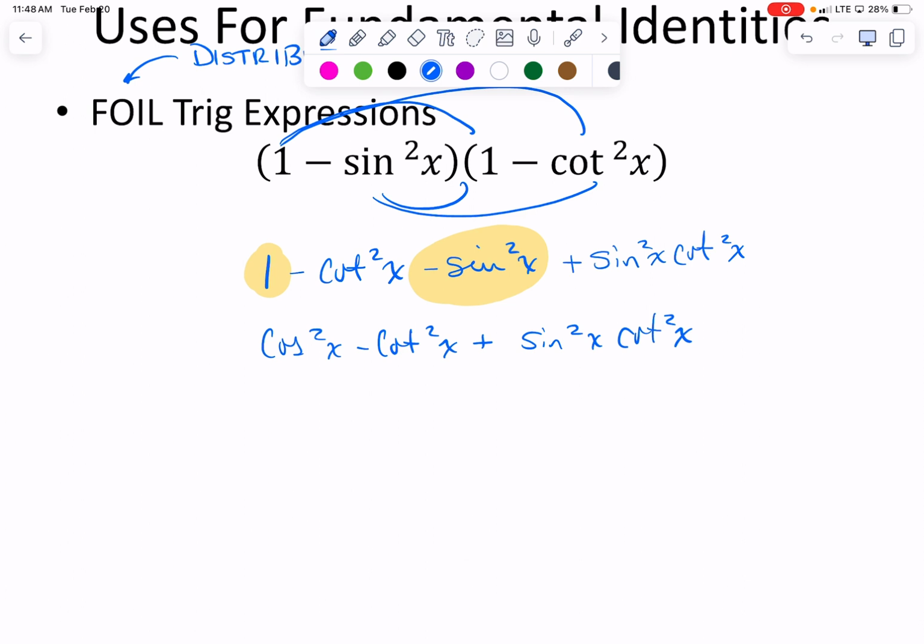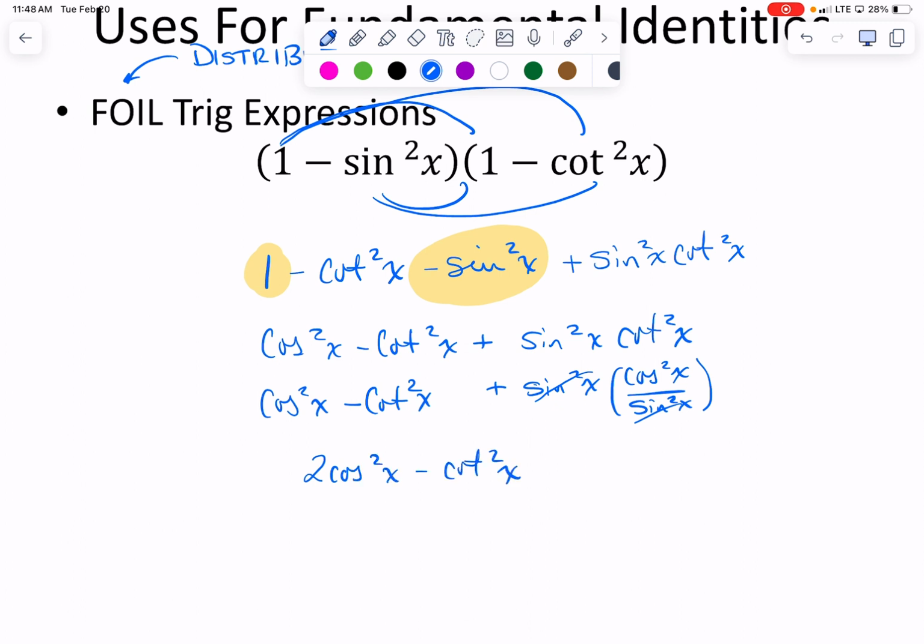You can cross out the sines and then just do cosine squared x plus cosine squared x. So cotangent, when we take sine squared x times cosine squared x over sine squared x, you're just left with 2 cosine squared x, right? And that's going to be 2 cosine squared x minus cotangent squared x. Yeah, I think we're good.